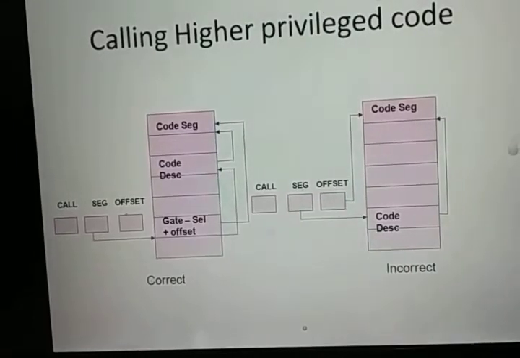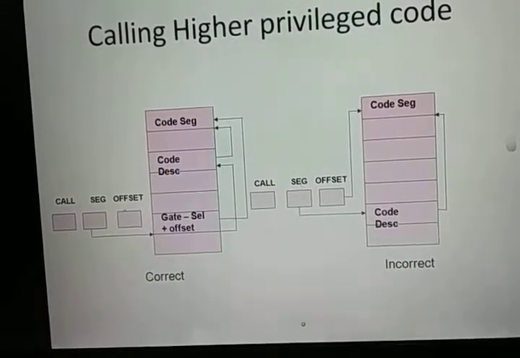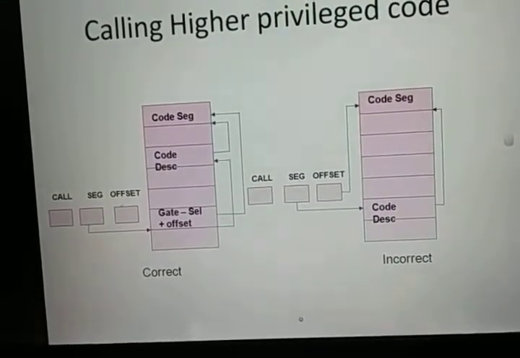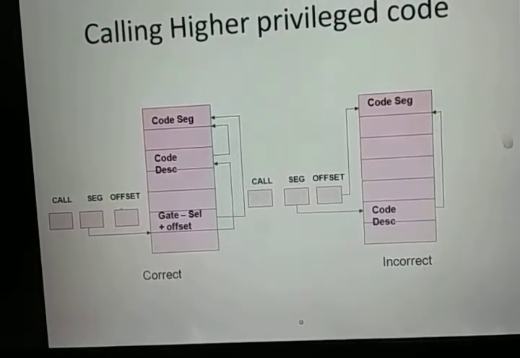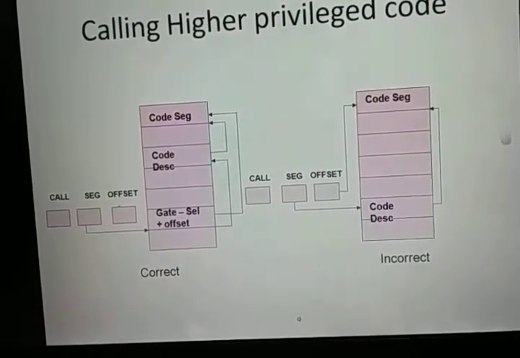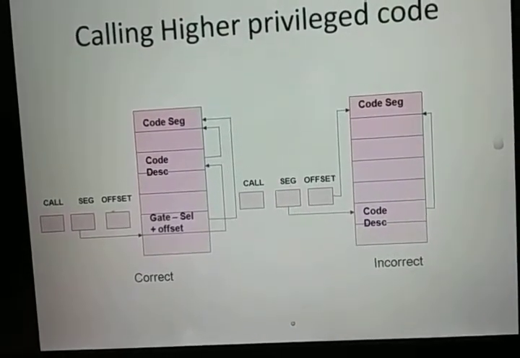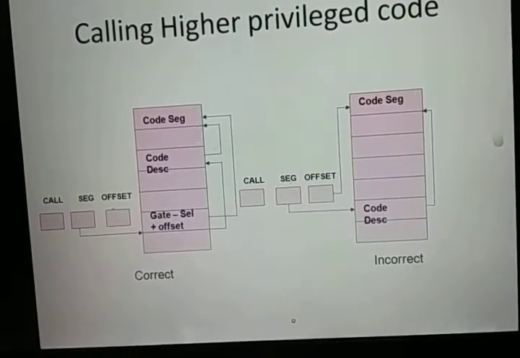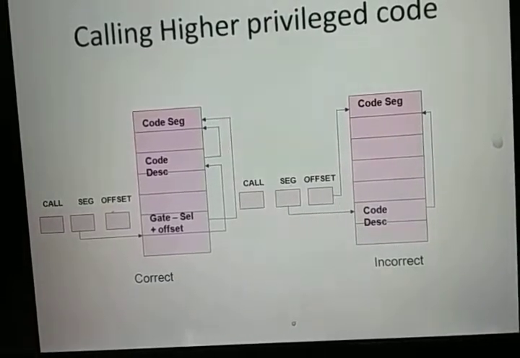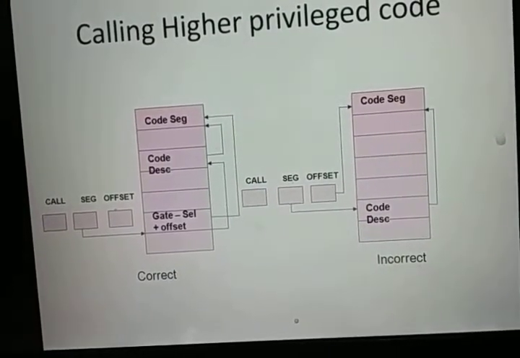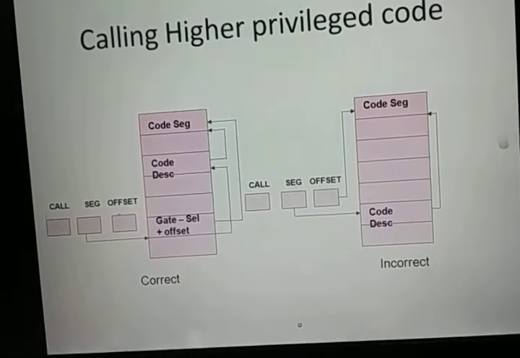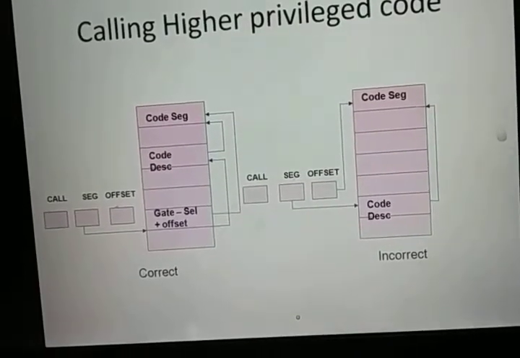So it works like an intermediary. The call segment and offset field provide the address of the call gate, which is the entry point of the call gate, and the call gate selector field provides the base address of the segment descriptor that provides the offset. When you combine these two things, you find the entry point of your target code segment.